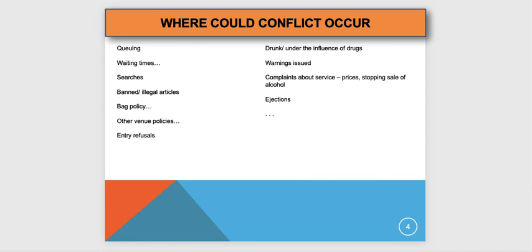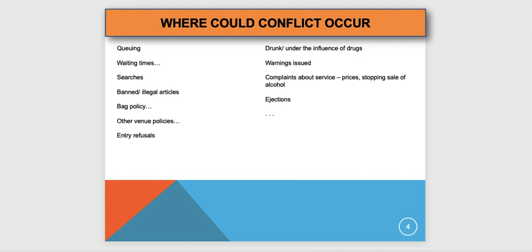Because people see it as a violation of their human rights. It's not a violation of their human rights. Anyone that's done this, you'll know that people say, that's my human rights, I cannot be searched. People don't like being spoken to, saying they're going to be searched. They don't like being touched. They think, well, why should I get searched? I don't have anything on me. Okay, fantastic. But reality is that they're not going to like it.